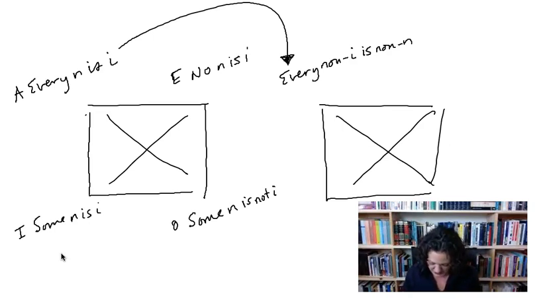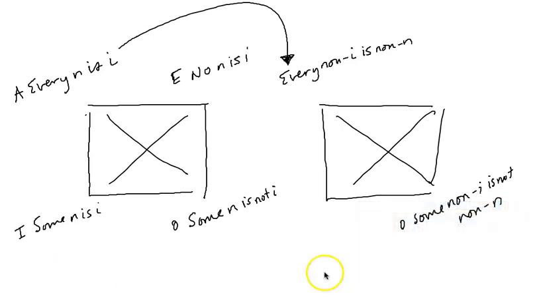Now we're going to fill out the rest. So the contradiction is the O, and it's going to say some non-I is not non-N. Let me get this out of the way so that you can see.